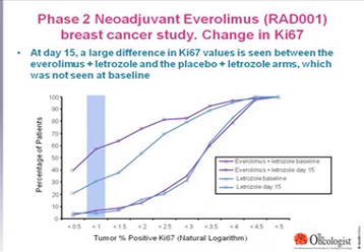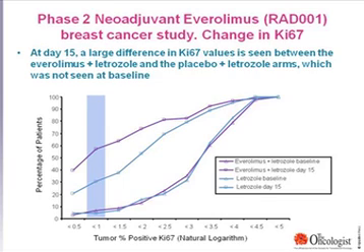What you have in this slide is the data on Ki67 at day 0, at baseline. On the left, this is a log scale, so the more you go to the left, the lower the Ki67. As you can see at baseline, in the two arms, placebo and RAD-001, you had a nice distribution of Ki67 proliferation as you would expect.